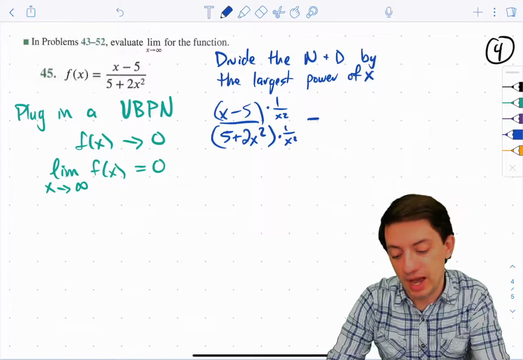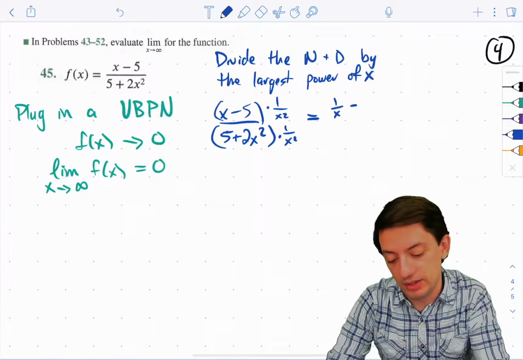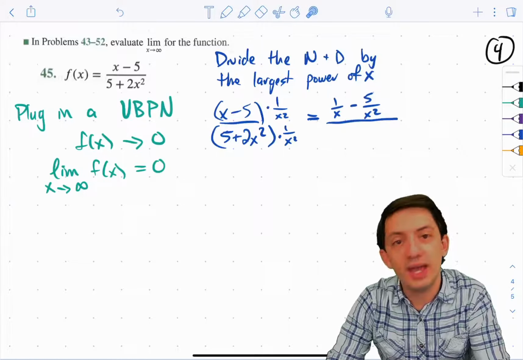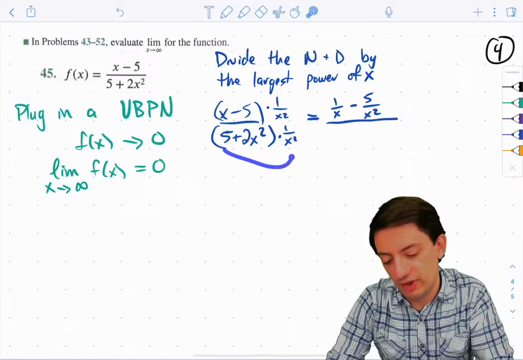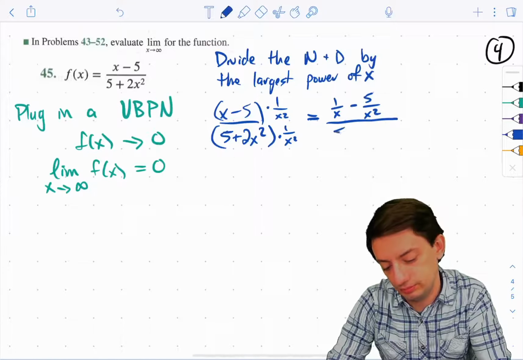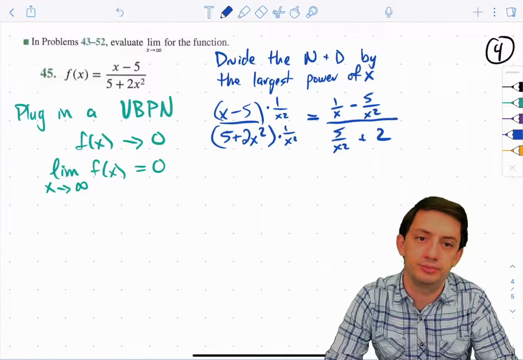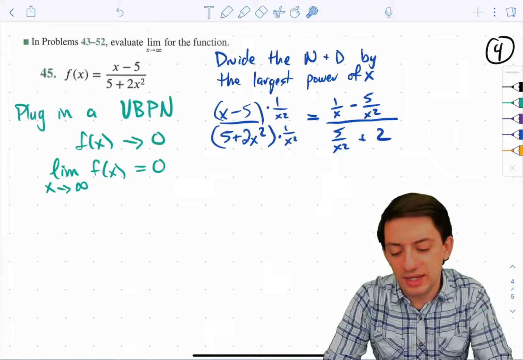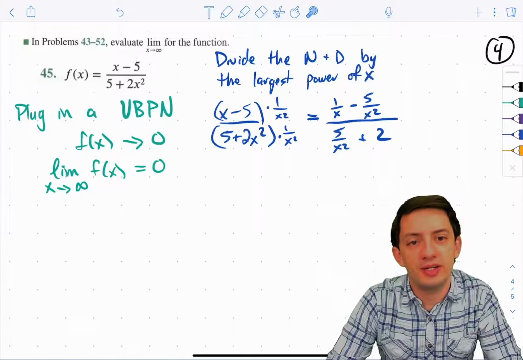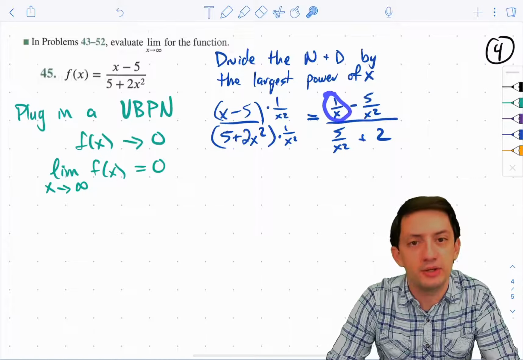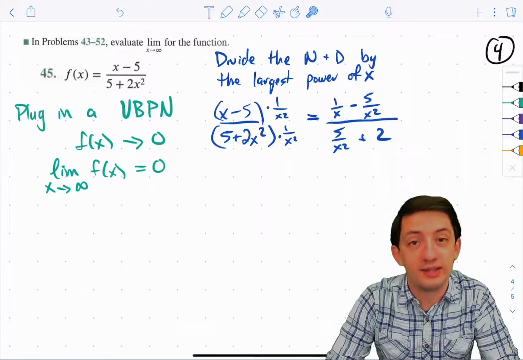So what we get in the top is x times 1 over x squared. That's a 1 over x minus 5 over x squared. What we get in the denominator is a 5 over x squared plus 2. Now the key is that as we go to infinity, anything with an x in the denominator has to go to 0. 1 over x definitely goes to 0.